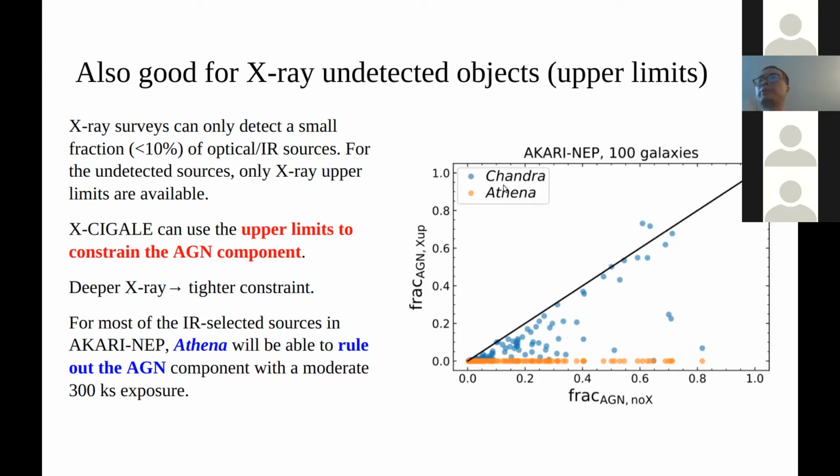But if you replace the Chandra upper limits with the Athena upper limits, you can rule out the AGN component for almost all of the sources. So in the future, if you have Athena data, it will be very promising that you can know whether there is an AGN for each of the infrared selected sources for the AKARI NEP test case.